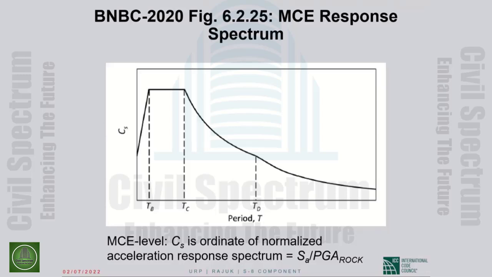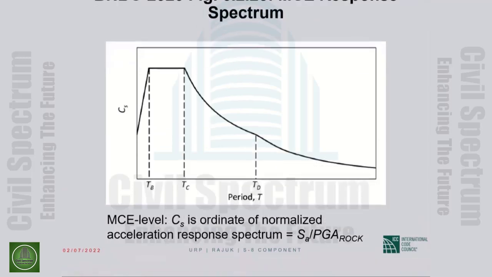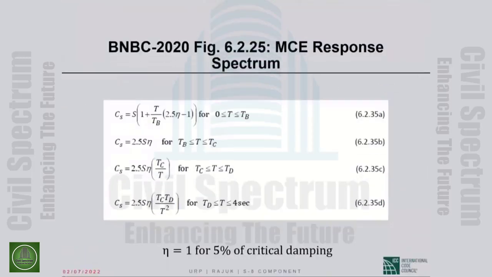As the title tells you, for BNBC 2020 at MCE level, C sub S is S sub A divided by PGA, peak ground acceleration on rock. This is the relationship between C sub S and S sub A. It will come back in various forms.